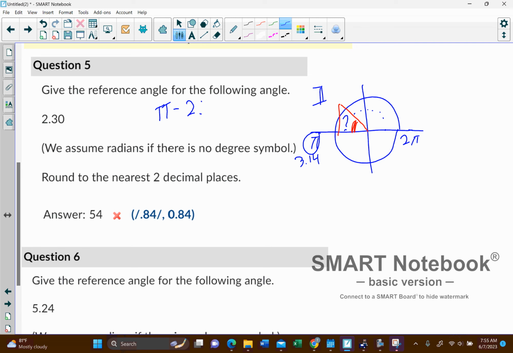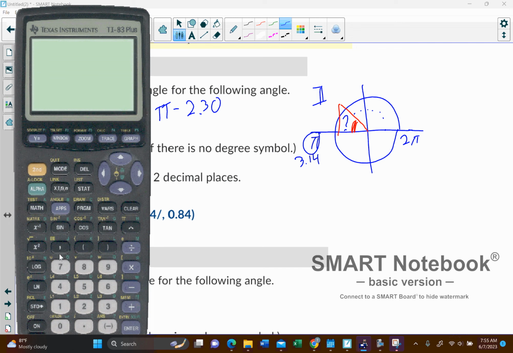So we're going to subtract off 2.30, and I'm just going to use my calculator. You could probably use 3.14 and it would be fine, but I'm going to go ahead and use pi. So let's see, pi minus 2.3.